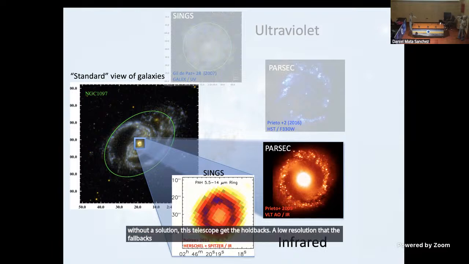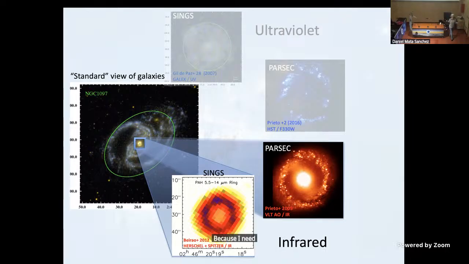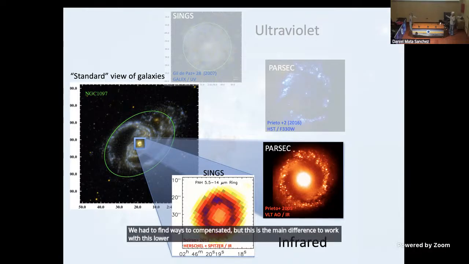With this angular resolution, I can only get targets relatively close to a bright star, because I need that bright star to correct them. That is the drawback. We have to find ways to compensate for it, but that is the main difference between working with low resolutions or switching to very high angular resolution. It's not all possible.